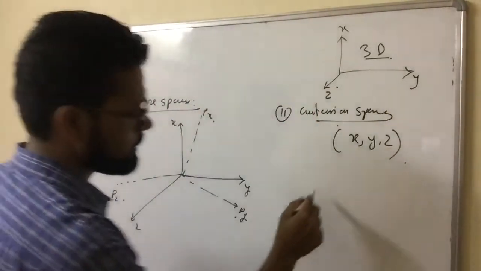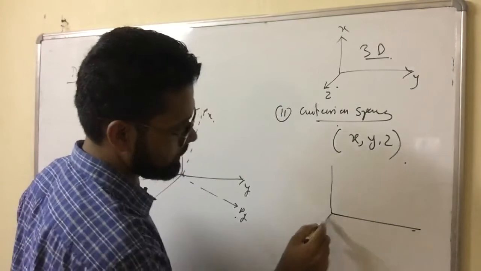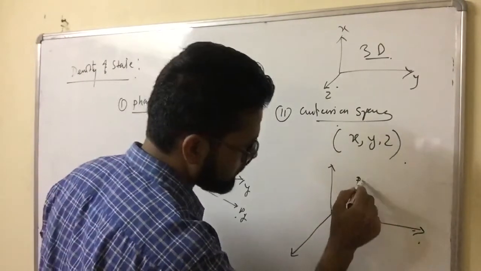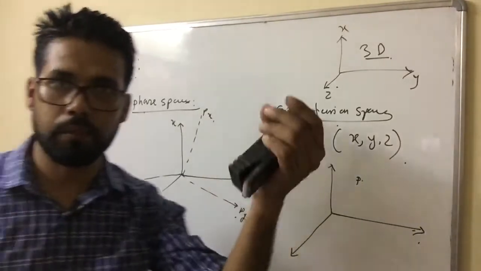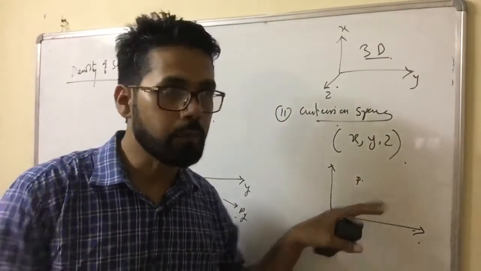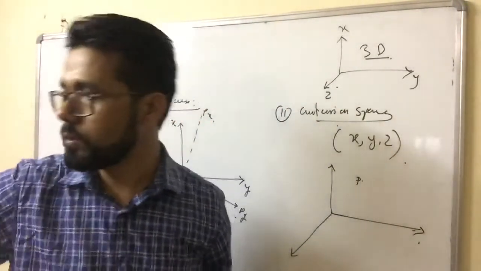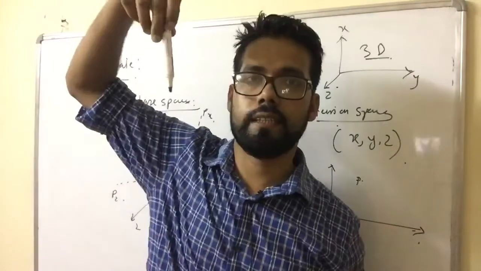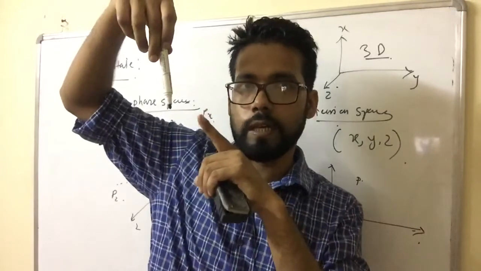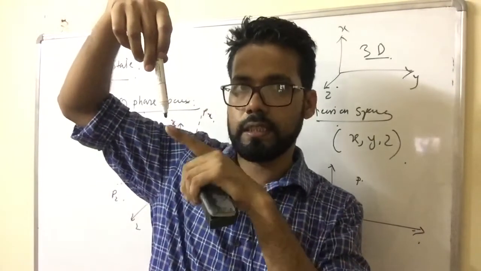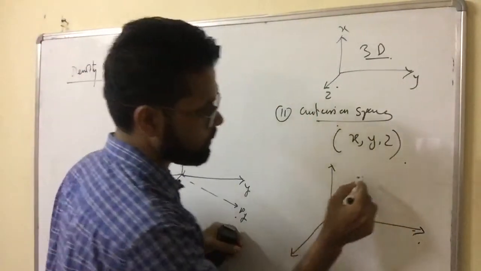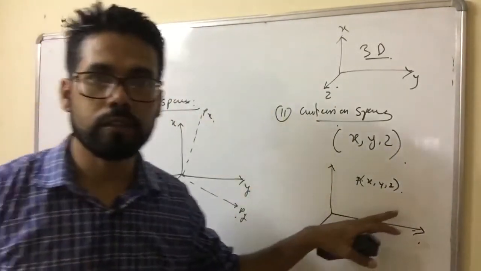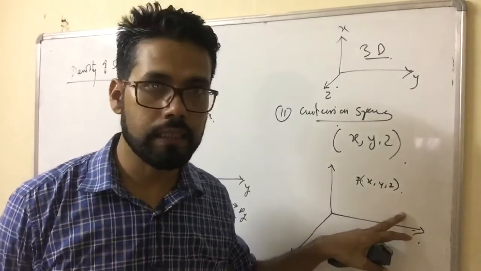Now suppose this is a rectangular space. I am drawing here again to make you understand. Suppose you consider an arbitrary point P in space. Suppose this is my room, this is a 3-dimensional room, this is the x-axis, y-axis, z-axis. If I take a point here, then to understand mathematically this representative point, the coordinates required are X, Y, Z. This is known as the representative point in Cartesian space.